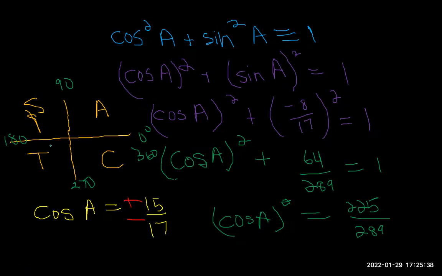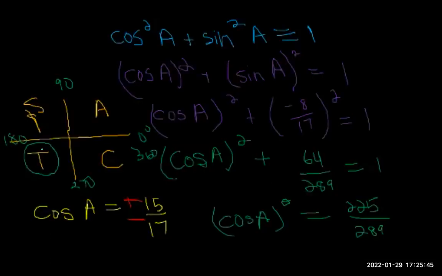So what does that mean? You see that angle A? It's lying in the third quadrant. In the third quadrant, the value of tan would be positive, but if it's sine or cosine, the value would be negative.